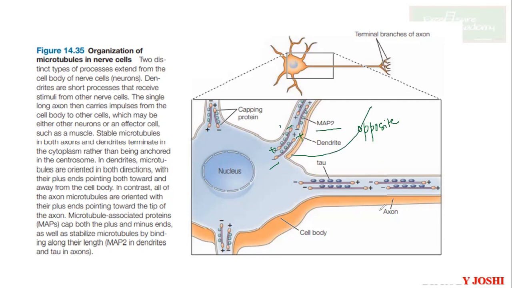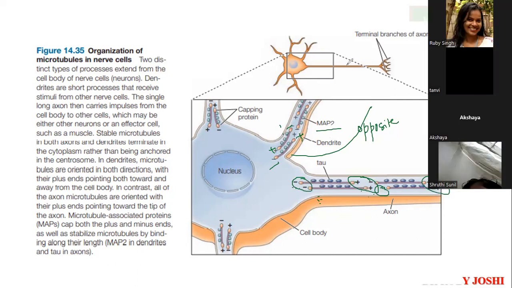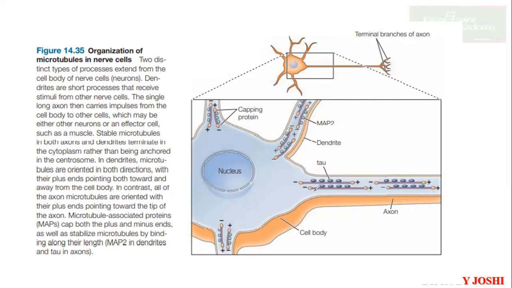Whereas in the case of the axon, again capping proteins are there. The polarity, if you see, is in the same direction. So plus here, minus here, plus here, minus here. Here you also have to understand that the minus end is towards the nucleus, or we can say that the plus end is away from the center of the cell.